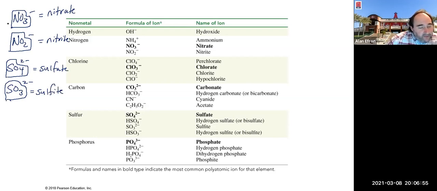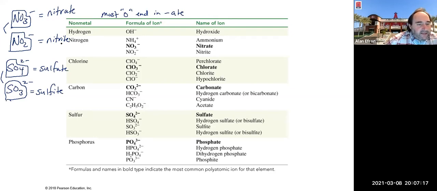So there are ions that are related to each other in groups of 2. The only difference between NO3 minus and NO2 minus is the number of oxygens. The one with the most oxygens usually will end in ate. You can remember it like you ate too much. That's the most oxygens.